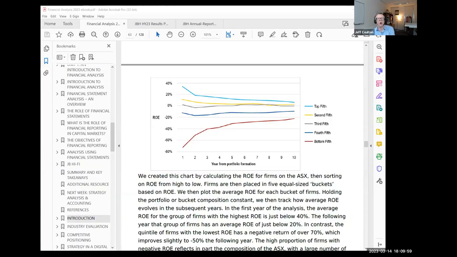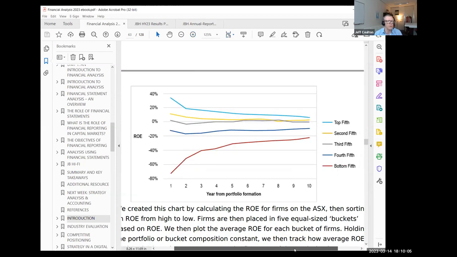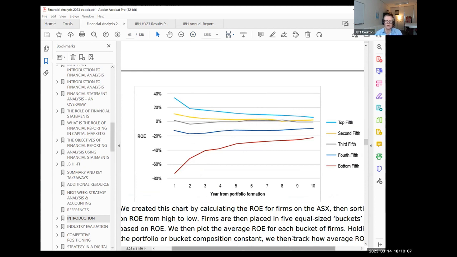The other thing that is nice about ROE is we know how it behaves on average over time for large samples of firms. And that's this chart that I've got here.